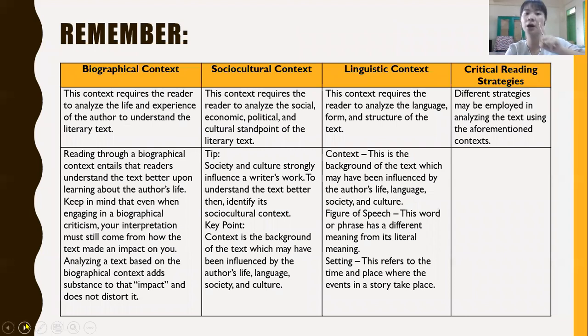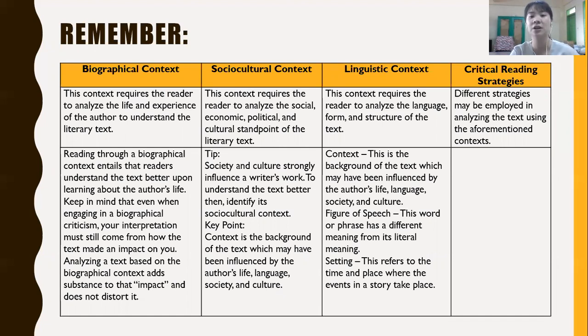Yan. So just remember, biographical context, from the word biography. This context requires the reader to analyze the life experience of the author, yung nagsulat, to understand the literary text. Next, socio-cultural. If you can still remember, it is through analyzing the social, economic, political, and cultural standpoint of the literary text.